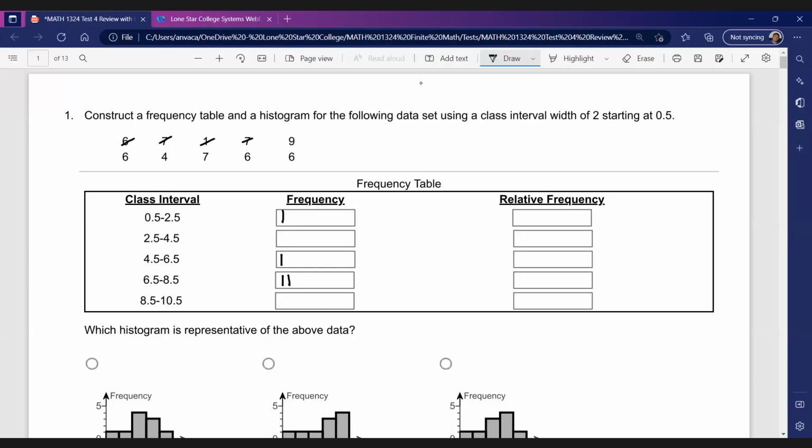And 9 is in this interval. A 6 is in this interval. Then a 4 in that interval. Another 7. And then 2 more 6s.